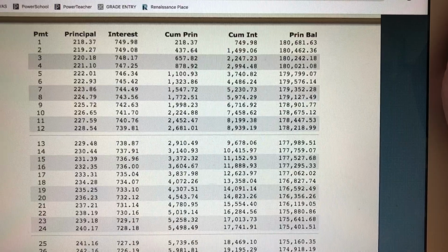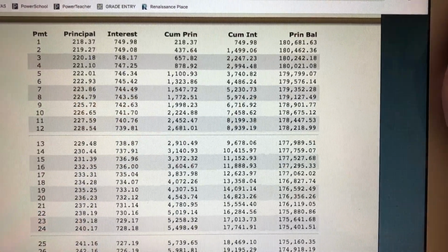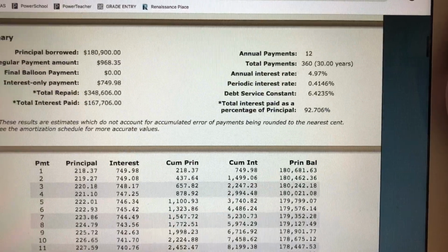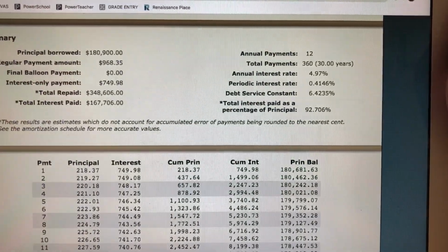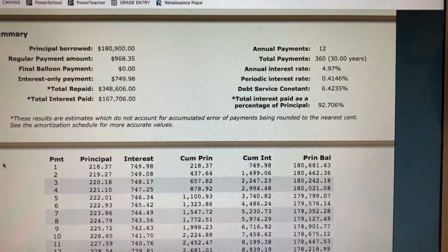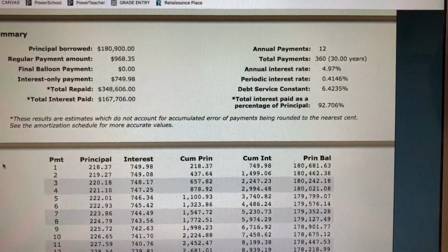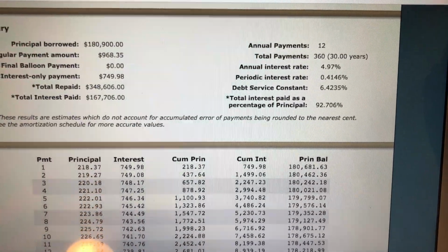So that's another reason why this is weighted that way, because banks need to know that you're good for your money. I mean, they gave you $180,900. They have to make sure that they're getting their money back and getting paid for the nice thing that they did by loaning you the money. So that's why it's like that.